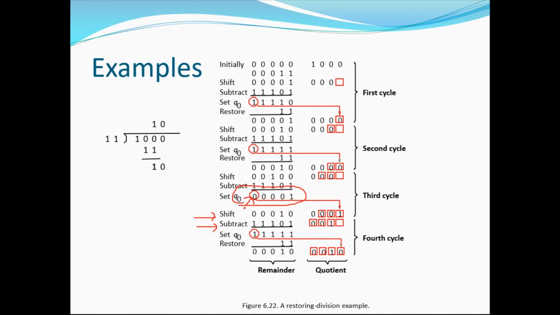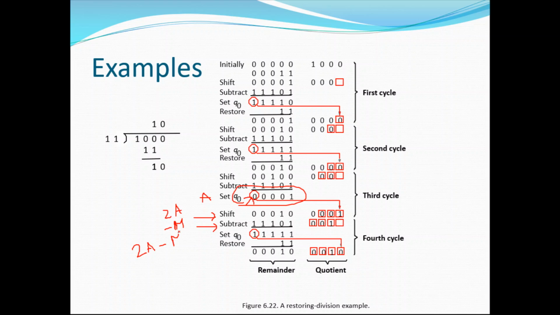Left shifting is equivalent to multiplying the number by 2. So if this is a, after left shift it will become 2a, and then m is subtracted from that. So basically the operation done here is 2a minus m.